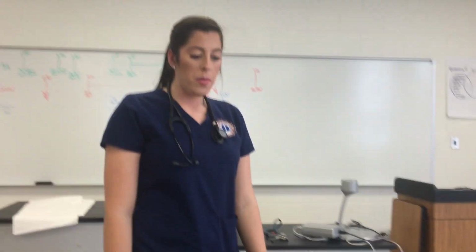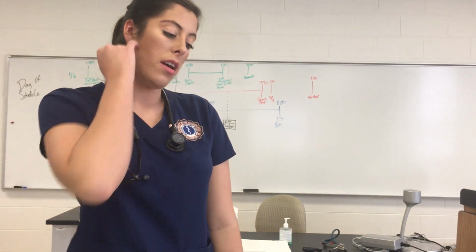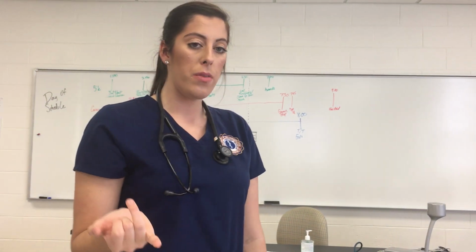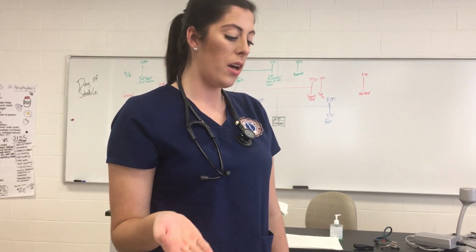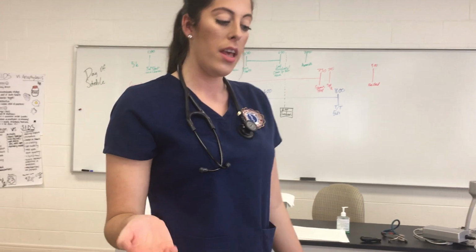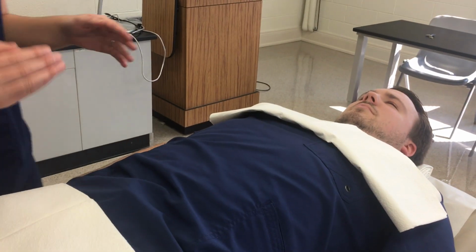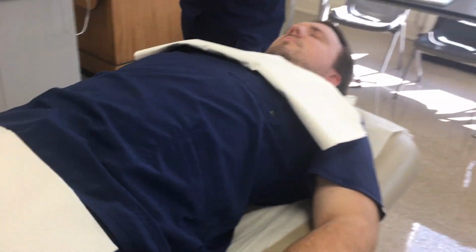So after the spleen, we're going to move on to the kidneys. The kidneys are retroperitoneal, so they're probably not going to be palpable, but we always still want to try. Kidneys are located on both sides. For the left kidney, I'm going to move over to this side first.